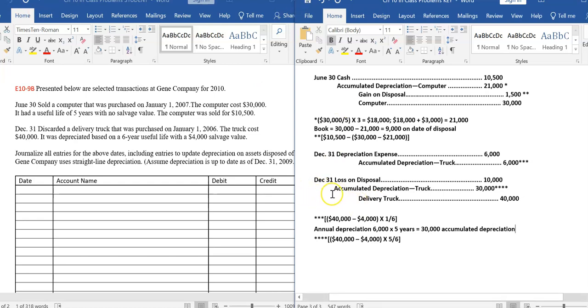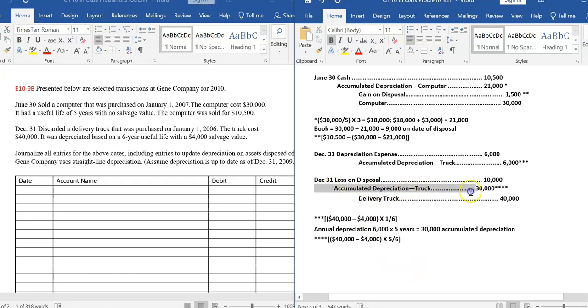We didn't sell it, we just tossed it. If we no longer have the truck, we need to decrease the asset account for its original cost of $40,000. So we credit the asset. We will debit accumulated depreciation to get rid of it, because if we no longer have the asset, we no longer need its contra asset account.